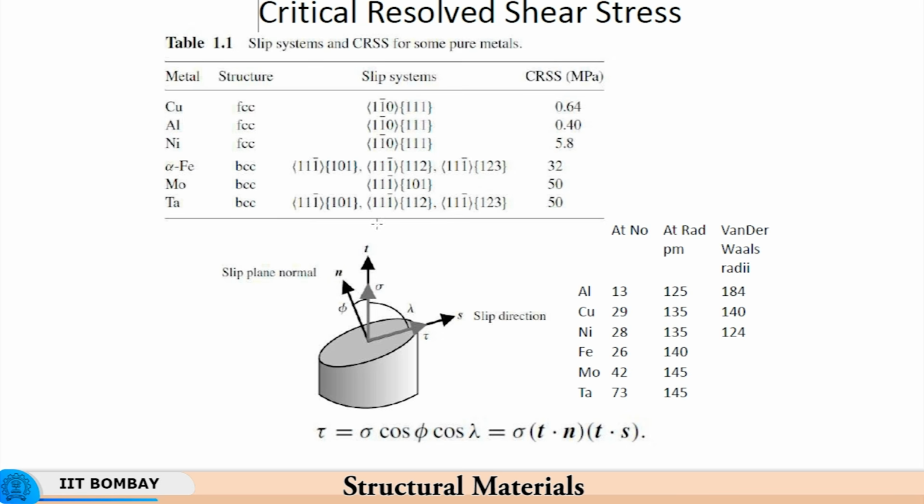So you have a uniaxial loading from top to bottom. So there is a vertical axis of deformation, and then if you take an arbitrary plane which is oriented at some angle with respect to the tensile axis, here the angle indicated is phi, so the normal is at an angle phi with respect to the tensile axis.